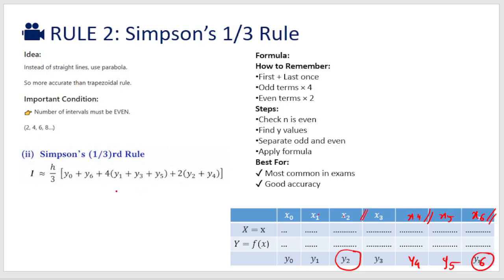What is the formula for Simpson's one-third rule? Here it is h by 3. Compared with the trapezoidal rule, where it was h by 2, in Simpson's one-third rule it is h by 3.